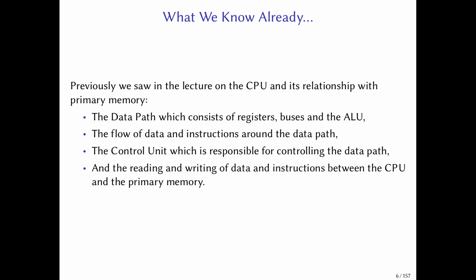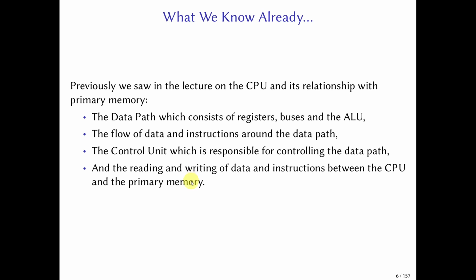And we also are very mindful of the reading and writing of data and instructions between the CPU and the primary memory. All of those things are discussed at length in lecture number 6, which is about the components of the CPU and the primary memory.